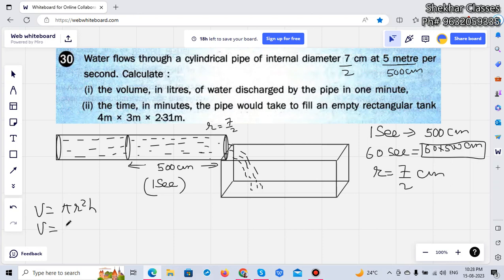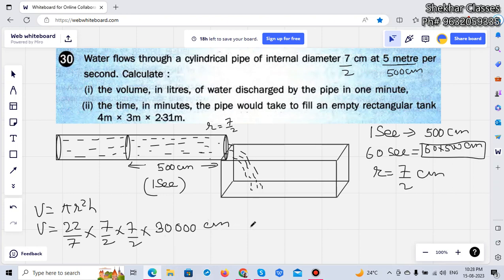So volume will be 22 upon 7 into r is how much? 7 upon 2 square, so 7 upon 2, and h is how much? 6 5s are 30, and 30000 centimeter. So I have converted everything into centimeter. Remember this part.